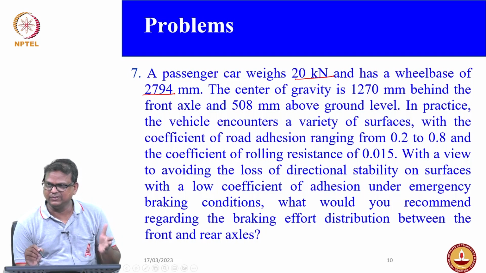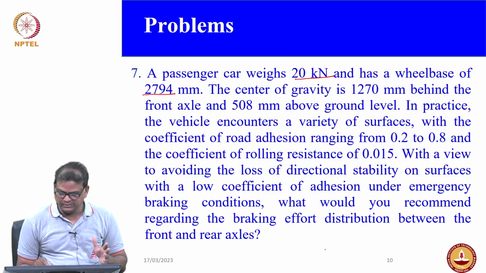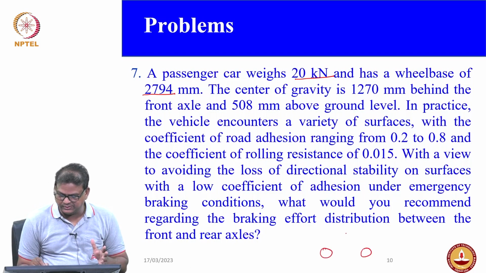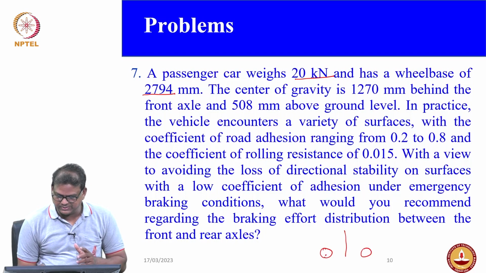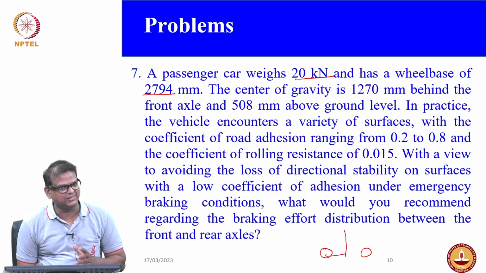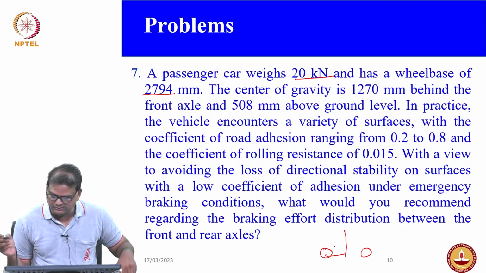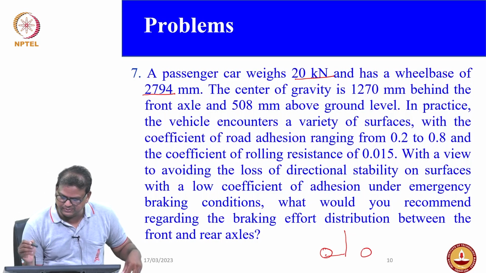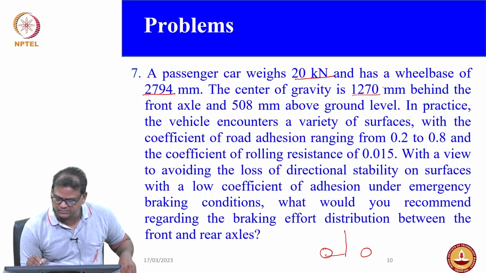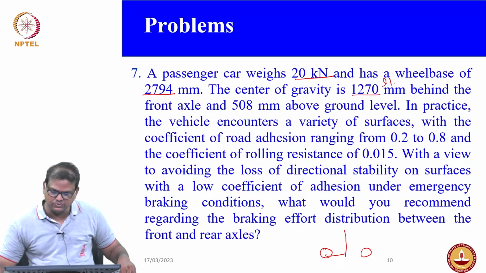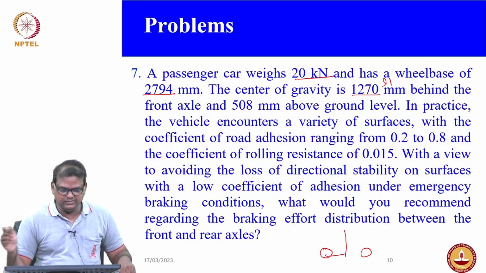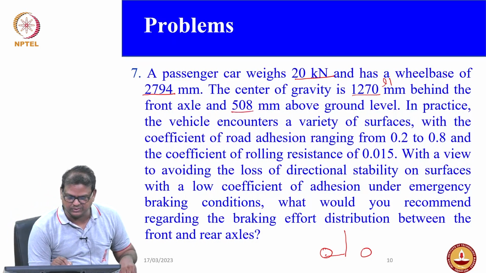L1, it's not L2. Okay, remember this is your wheel, right, and this is the center of gravity. It says behind means something backward in this direction. So obviously that means L1, which is clearly given as 1270 millimeter, and this is your H, that's from the above ground level. Clear?